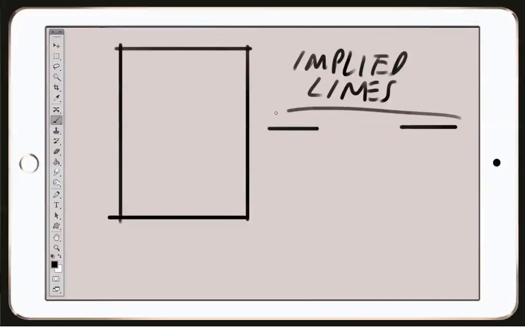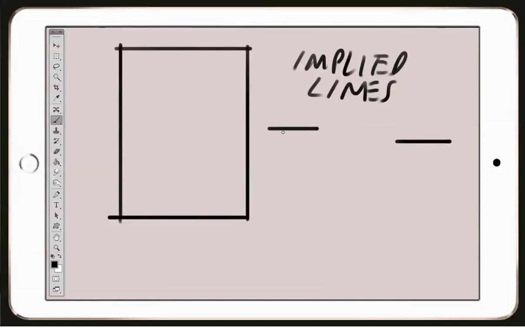But this kind of implied line only results when the two lines line up. If I erase this line and move it down a little bit like that, now the implied line is no longer there because the lines don't line up with each other.